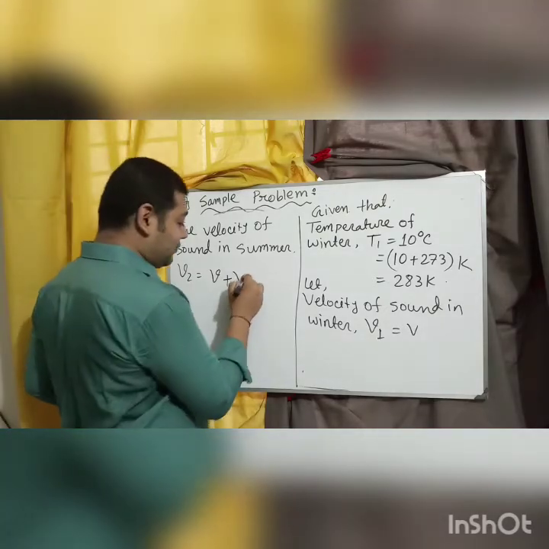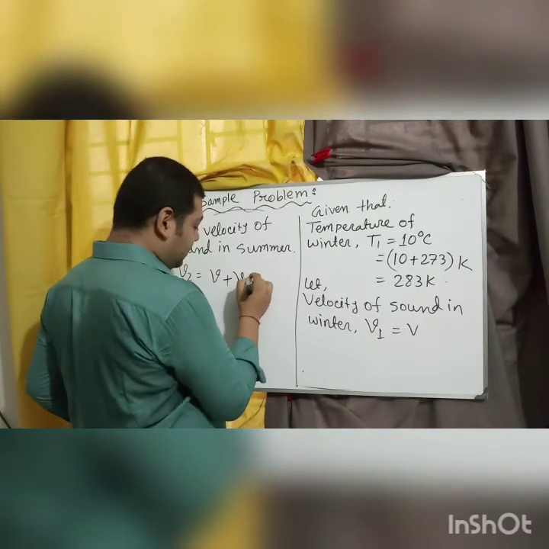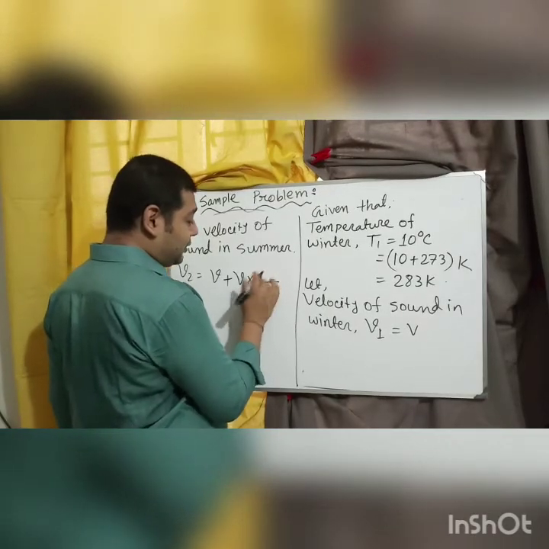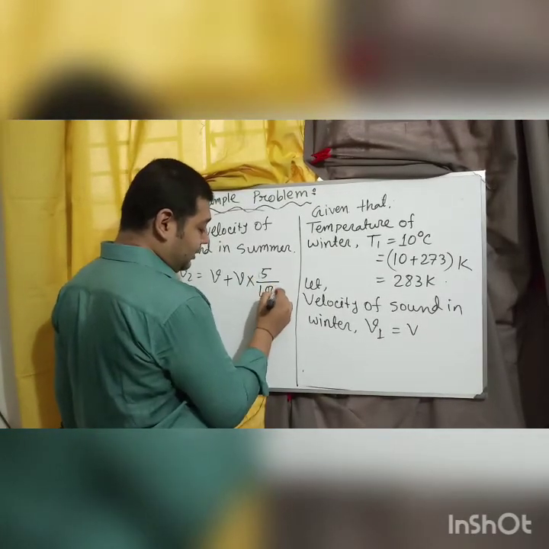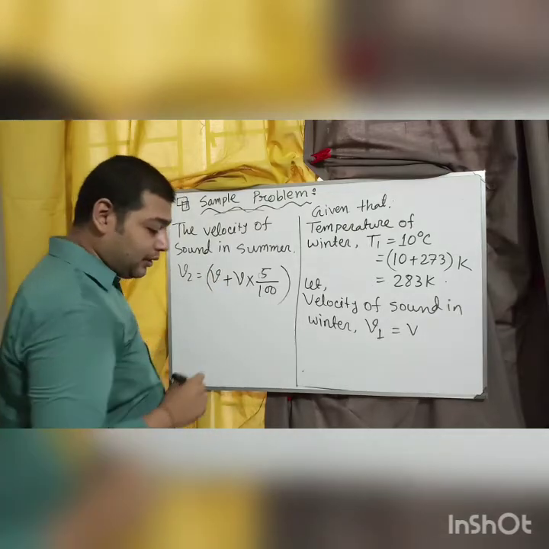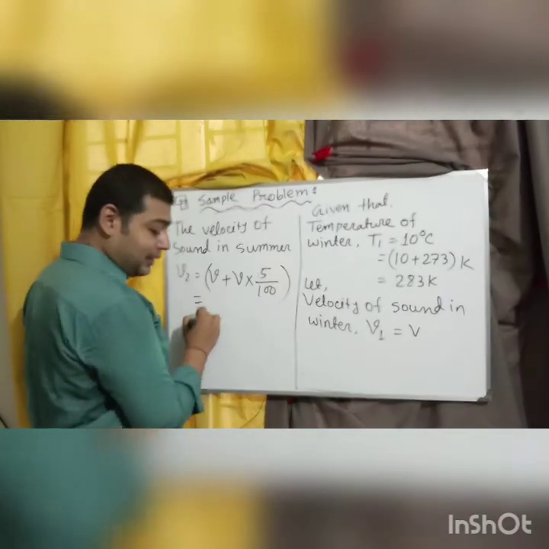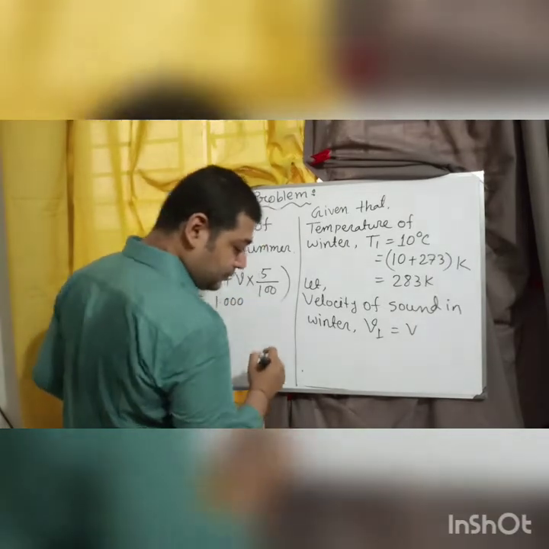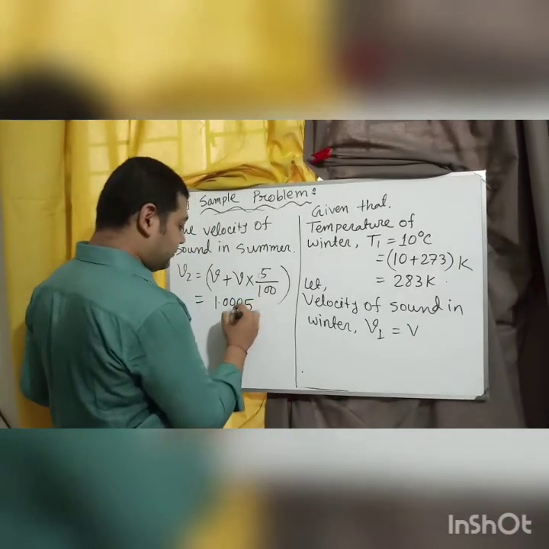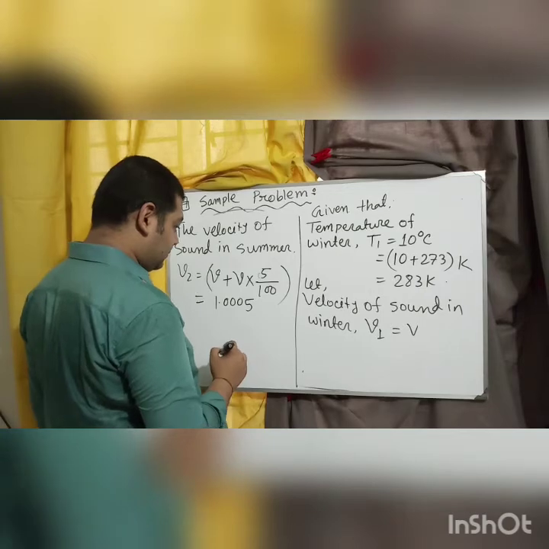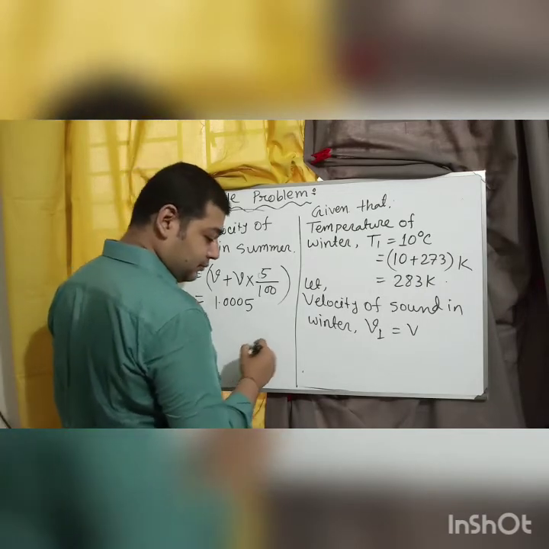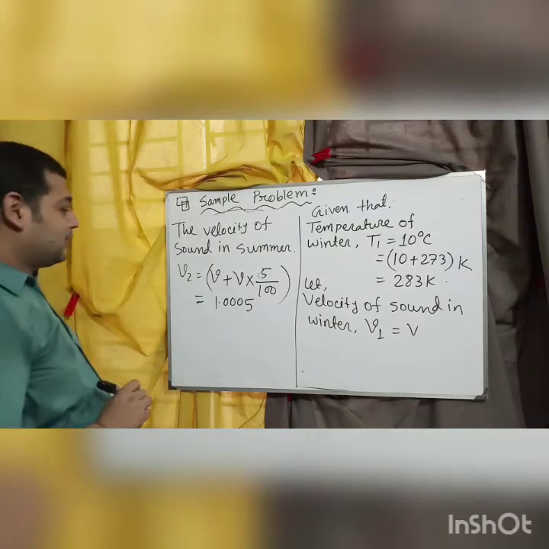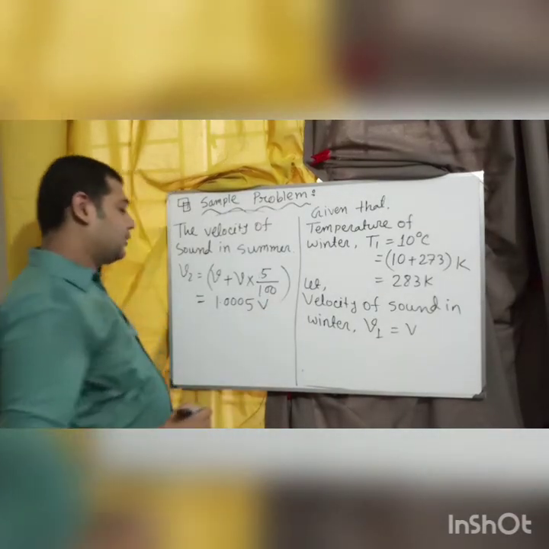So we can write V of 0.5%. For 0.5% we can write 5 by 100.